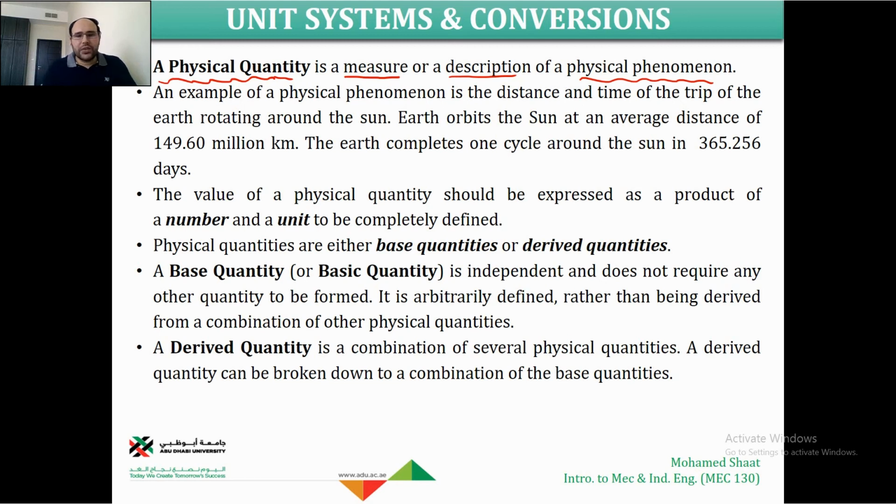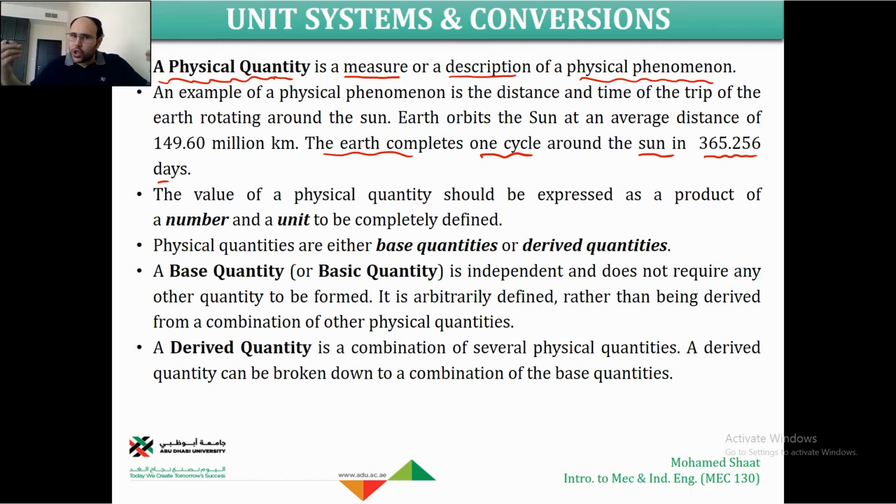We say that the earth completes one cycle around the sun every 365.256 days. So this number, days, is a physical quantity that measures, meaning describes, a physical phenomenon, which is the time needed for the earth to rotate one complete cycle around the sun.